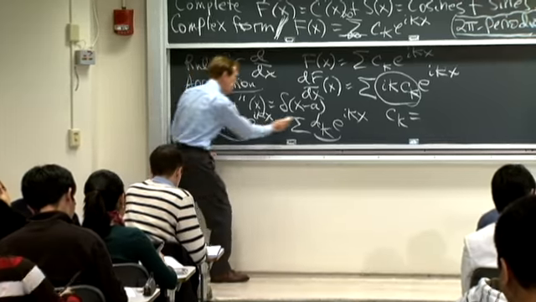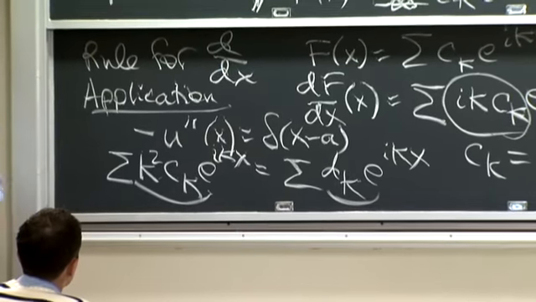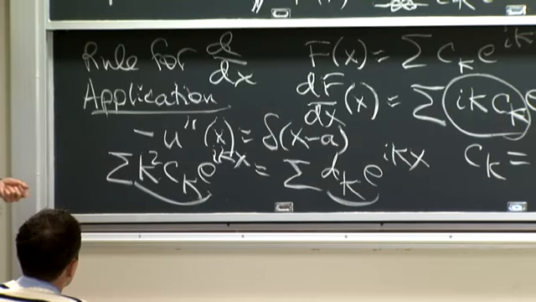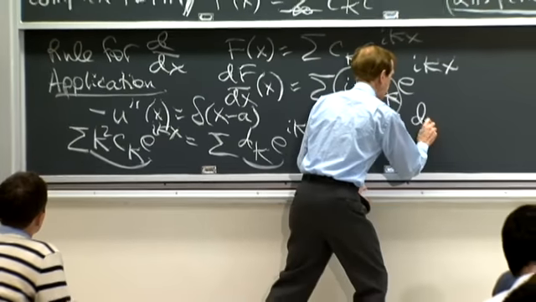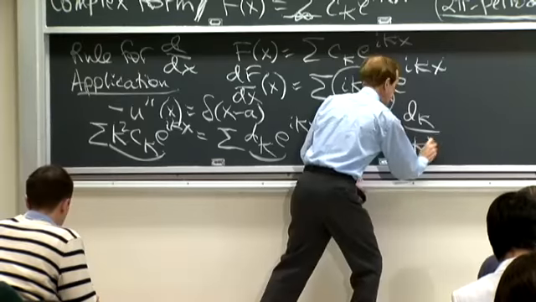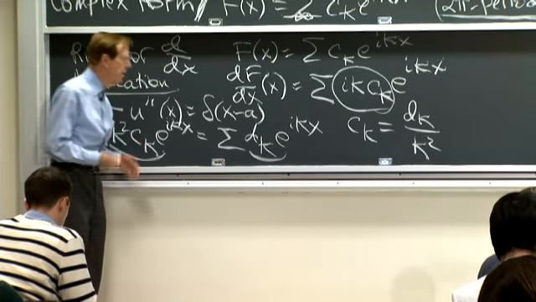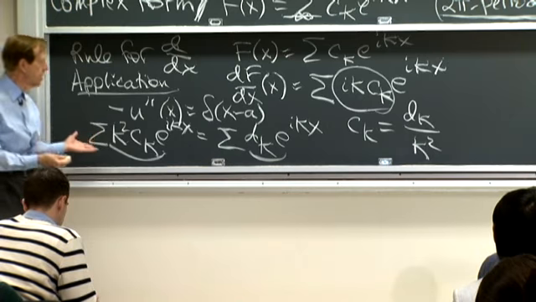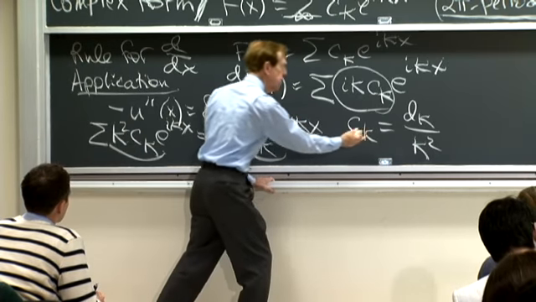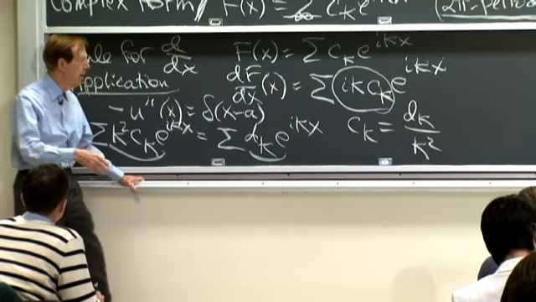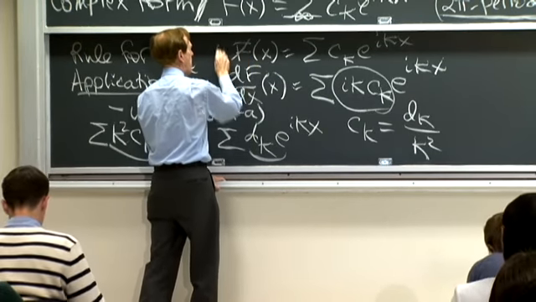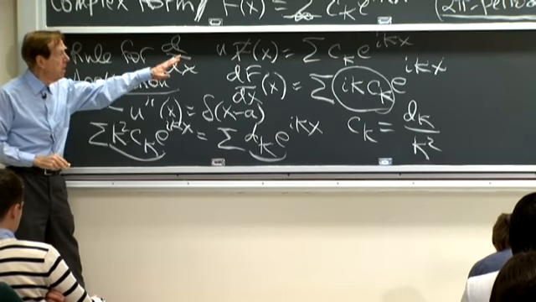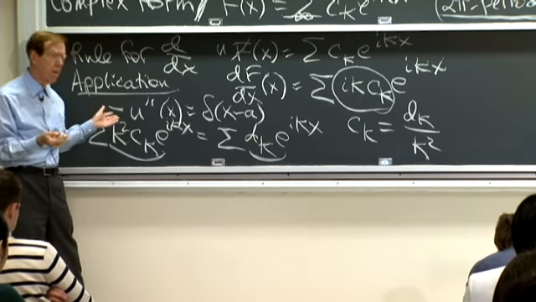You're just matching terms, just the way when we expanded things in eigenvectors, we matched the coefficients of the eigenvectors, and that involved just this simple step, like here, it's dk over k squared. Good. And then what's the final step? The final step is, now you know the right coefficients, add the thing back up, like here, only I'm temporarily calling it u, to find the solution, right? Three steps.